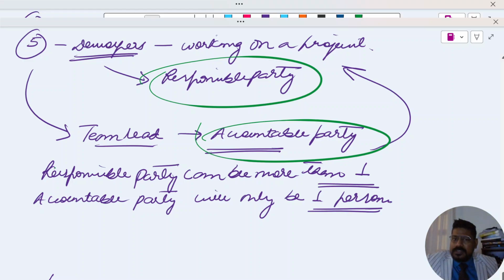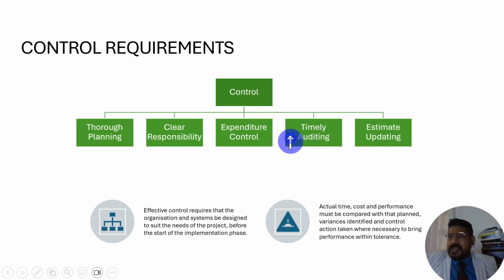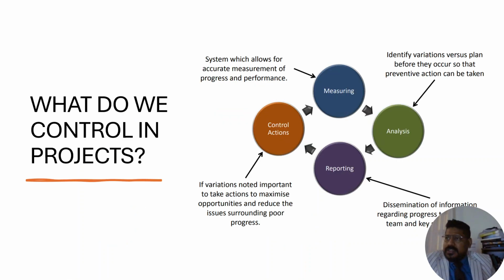Then let's go to expenditure control, timely auditing, estimate updating, extremely important. What do we control in projects? First, we measure. If you cannot measure anything, you cannot manage it. That is a term we use quite often in management consulting.